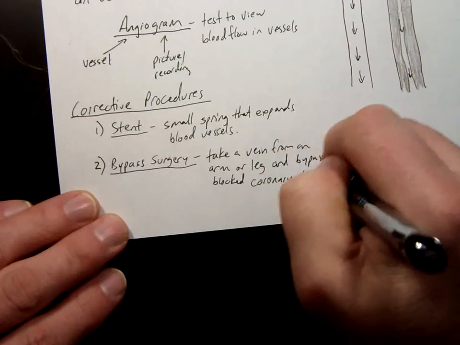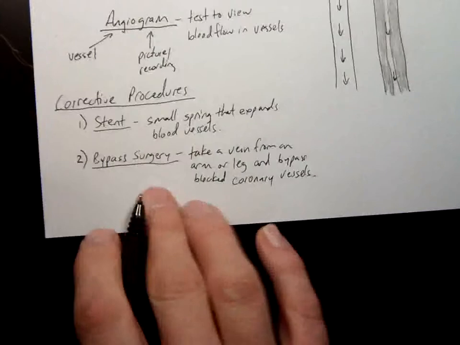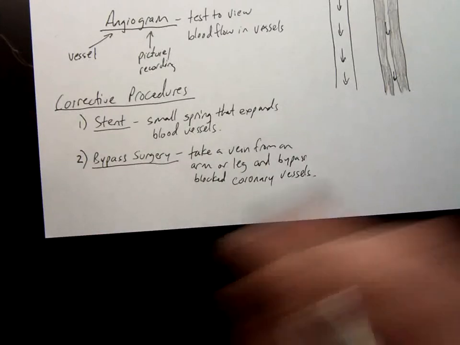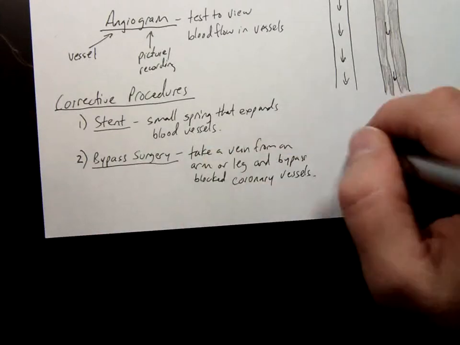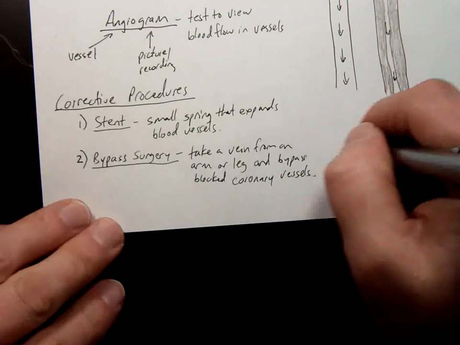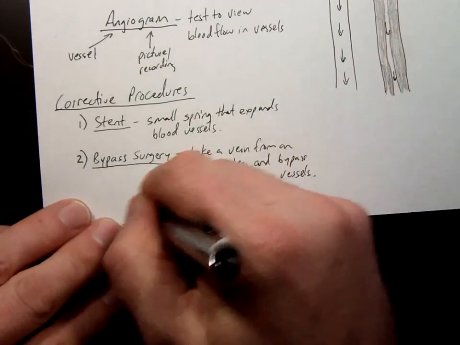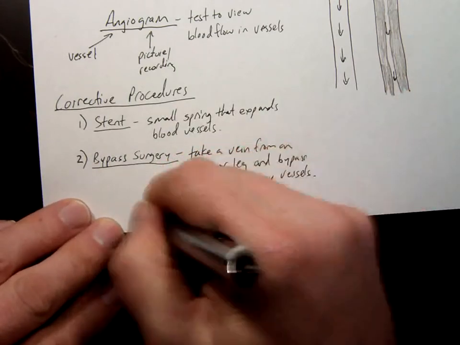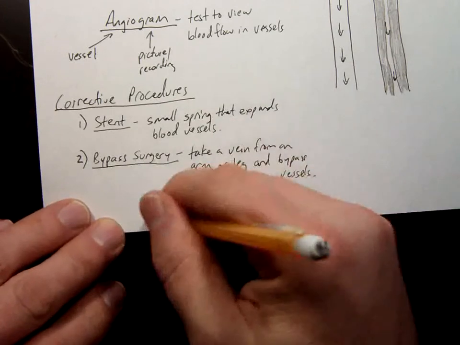And the one I saw, they stitched it directly into the aorta. So like, let's say there is a vessel that is pretty much completely clogged full of junk. It's filled up.